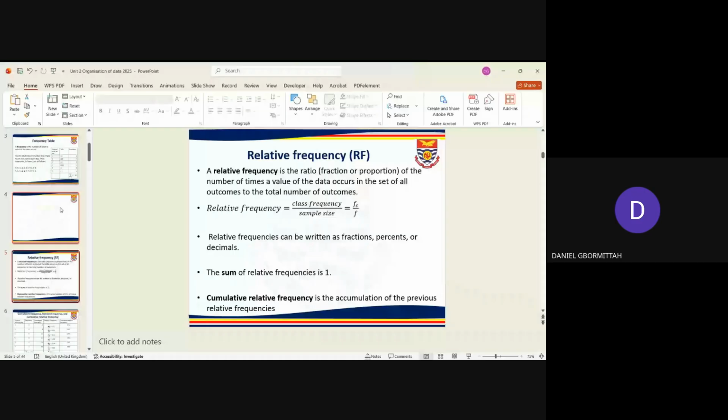In finding the relative frequency, it is normally the frequency of the category or class of interest divided by the sample size. Now the sample size should be given.